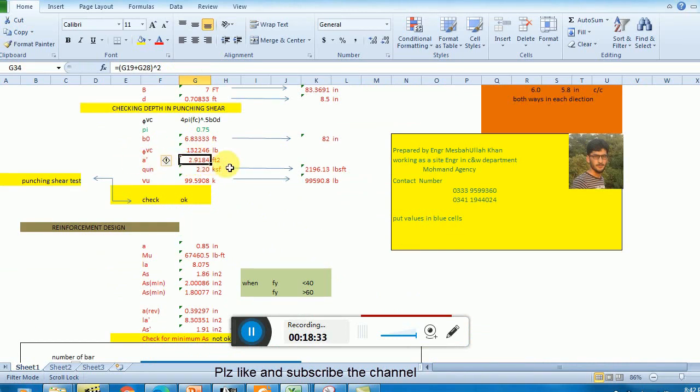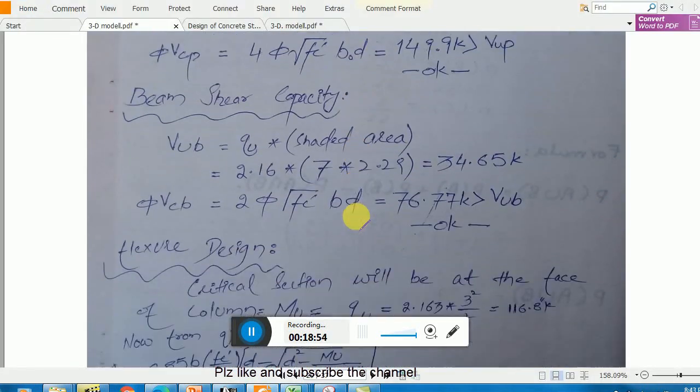Now A dash is basically the shaded area, and I already explained this area. Qun is 2.2, this is also okay, and Vu is basically 99. This is the total beam shear.